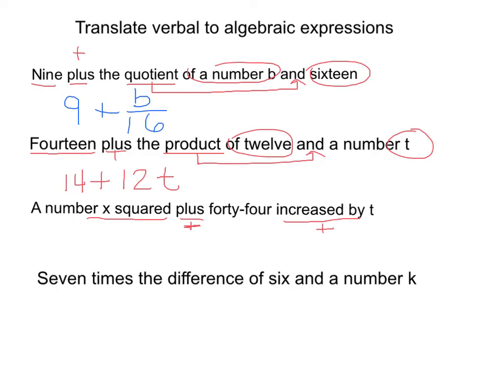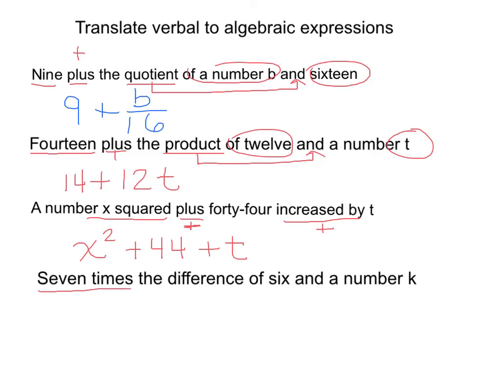Increased by the t. So x squared plus 44 plus t. There's nothing else I can do here because these are all different separate terms, so there's no combining to be done. The last problem says 7 times the difference of 6 and a number k.